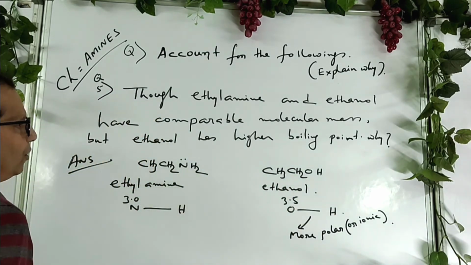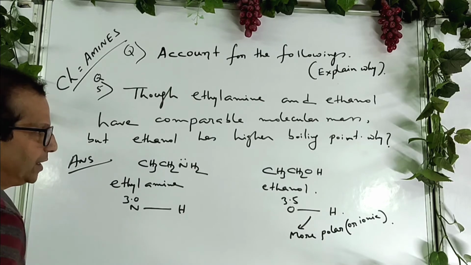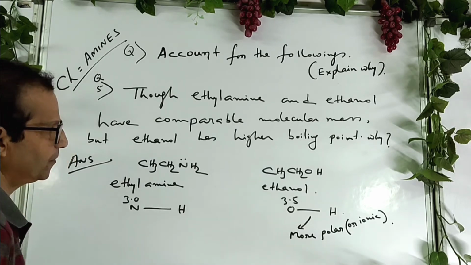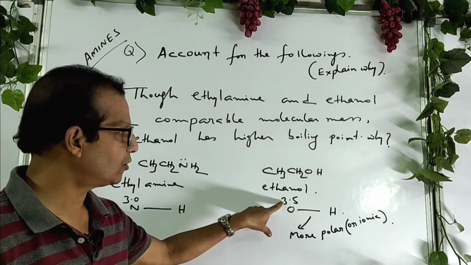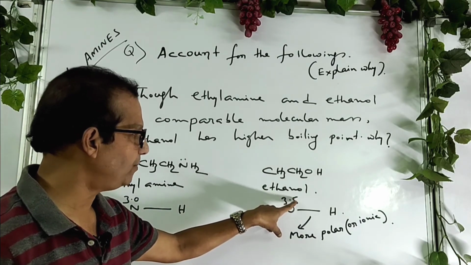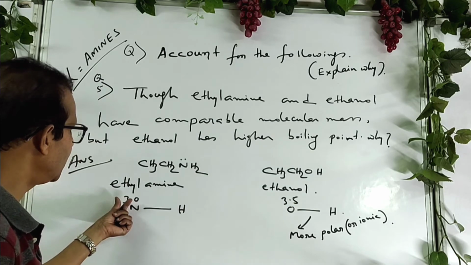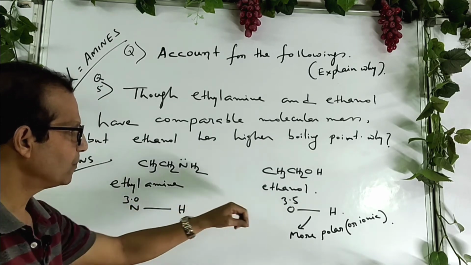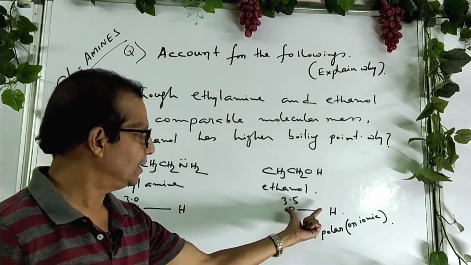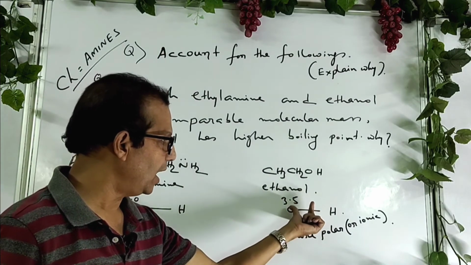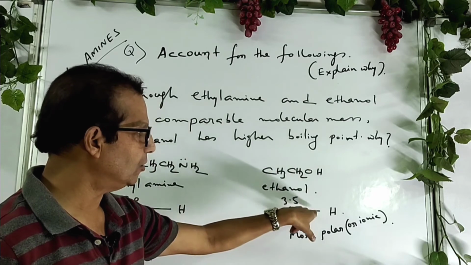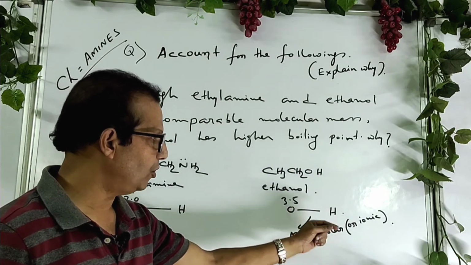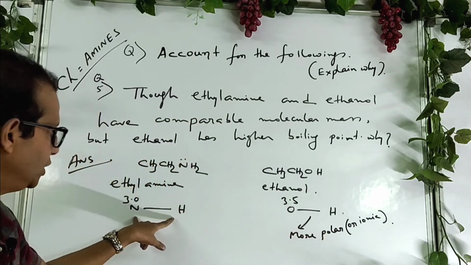So both undergo intermolecular hydrogen bonding. But oxygen has electronegativity 3.5 and nitrogen has electronegativity 3. So due to the higher electronegativity of oxygen atom in alcohol, the OH bond is more polar than the NH bond.